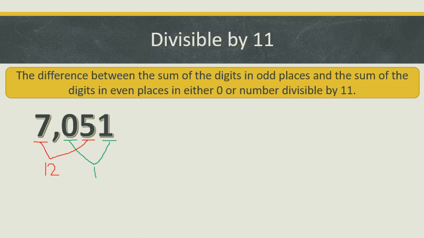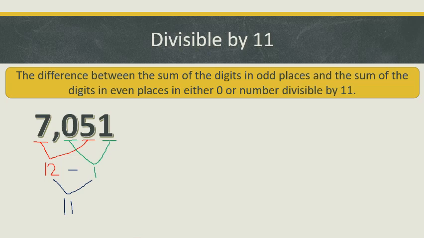Ngayon, yung dalawang sum na yan, ipagma-minus natin. So, gawin natin color blue. So, 12 minus 1 is 11. So, since 11 yung kanyang sagot, and yung 11, obviously, is divisible sa 11, siya po ay divisible sa 11. So, ang 7,051 is divisible by 11.